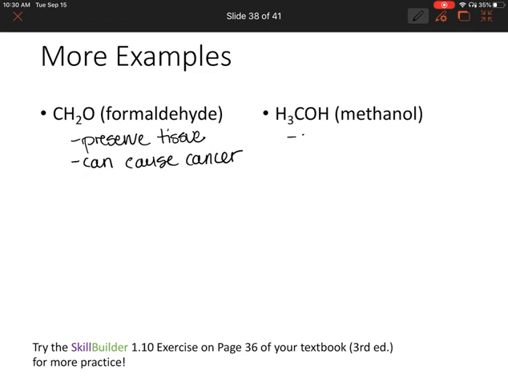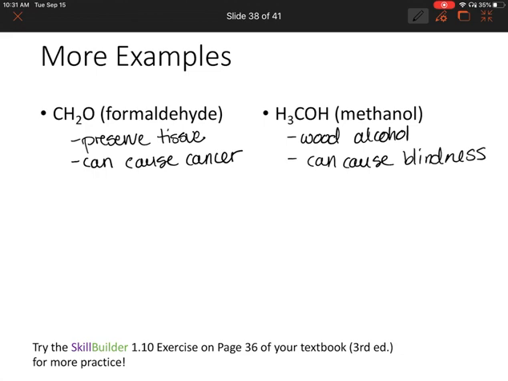Methanol is also called wood alcohol. And this alcohol is what bootleggers sometimes use in place of ethanol. However, methanol is really dangerous. Methanol can cause blindness if you drink too much of it, or if you're exposed to it in any high amount.